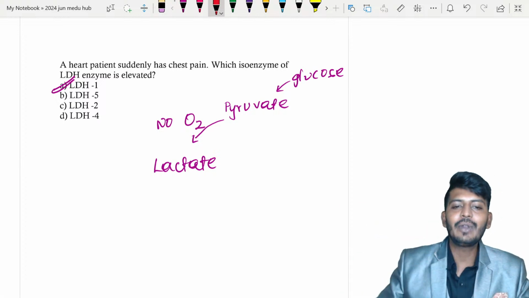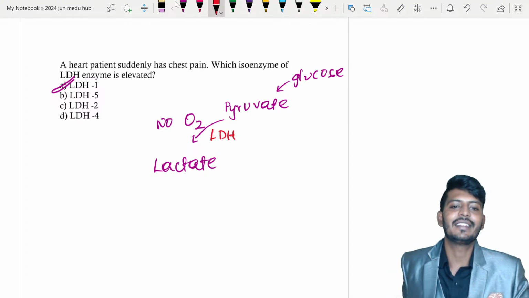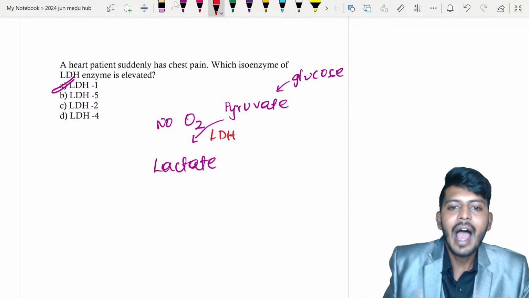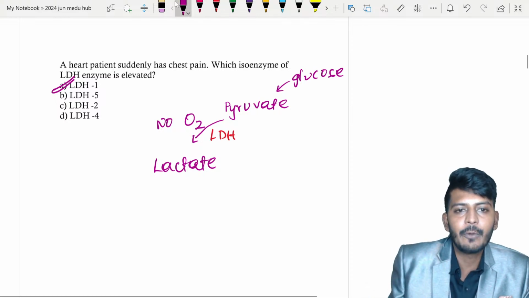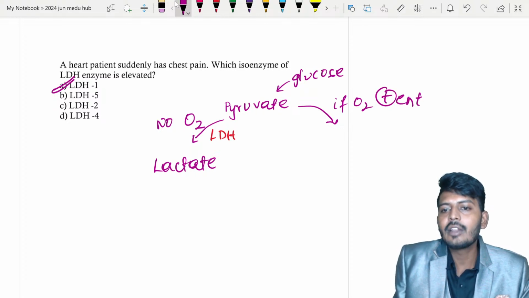So this pyruvate to lactate conversion is done by your lactate dehydrogenase enzyme, LDH. Okay.